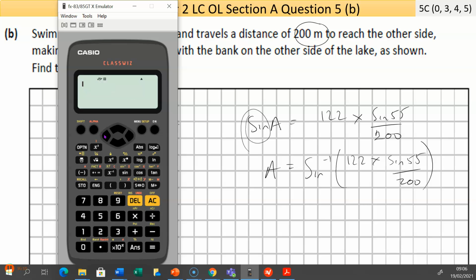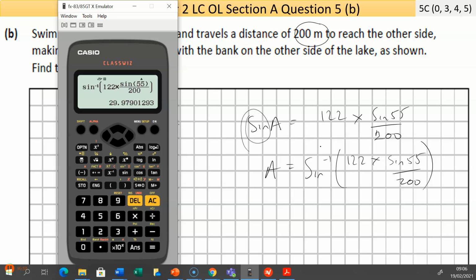If I bring my calculator up, making sure I'm set to degrees, I go inverse sine. My calculator may be slightly different than yours, but it should be fairly similar. On top is sine 55, and then down below that is the side of 200. Close the brackets. I can press equal now. It will do the hard work for me.